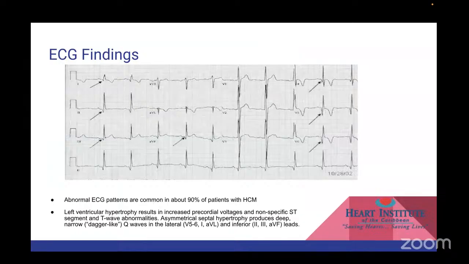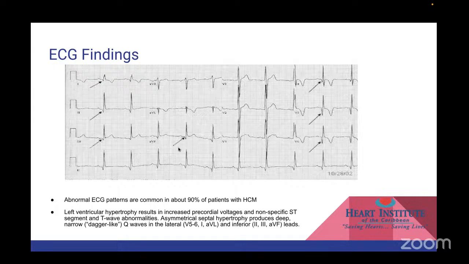So looking at the ECG, abnormal ECG patterns are common in about 90% of patients with HCM. And some of the findings you can see on ECG: the left ventricular hypertrophy results in increased precordial voltages and non-specific ST and T wave abnormalities.